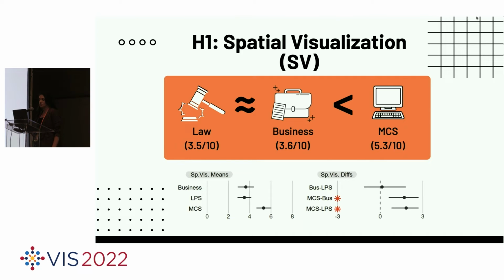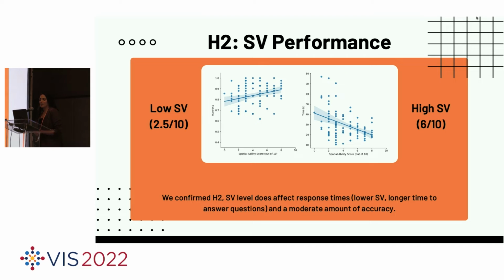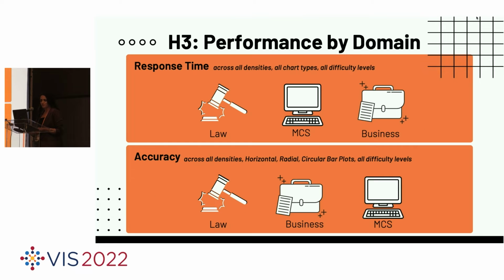And then we confirmed our second hypothesis that spatial visualization level does affect response times and a moderate amount of accuracy. So in the chart on the left along the x-axis, spatial visualization is increasing, and you can see accuracy moderately increasing. And then the chart on the right, as spatial visualization is increasing, response time is decreasing.